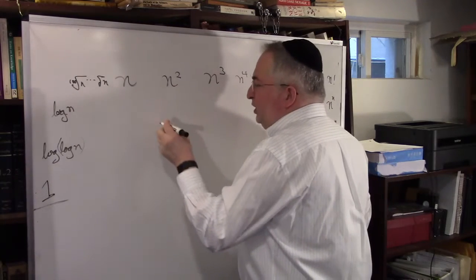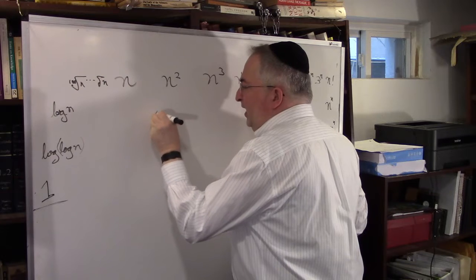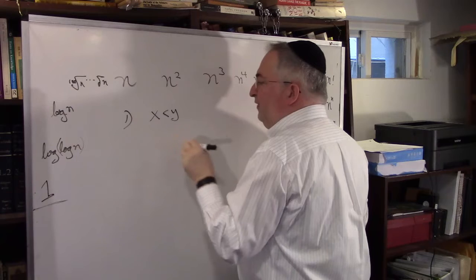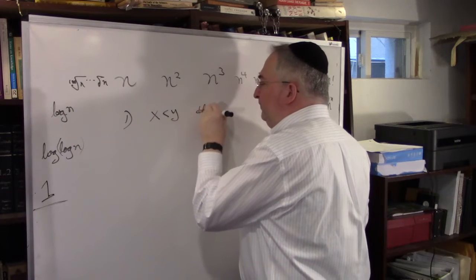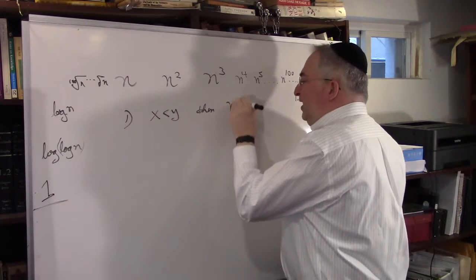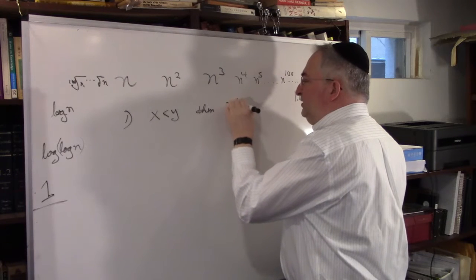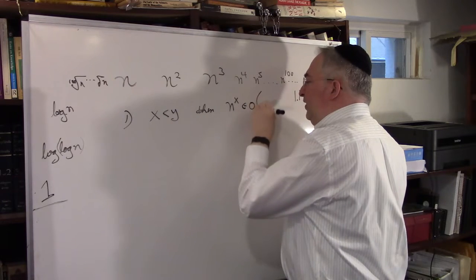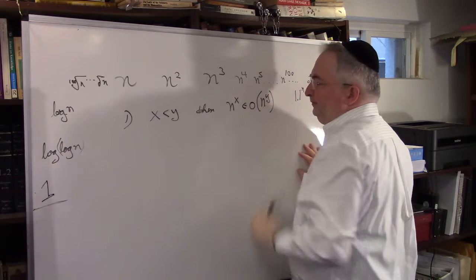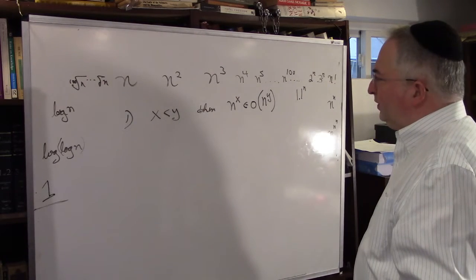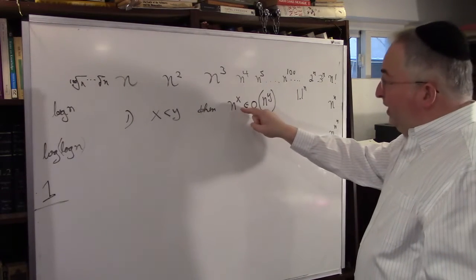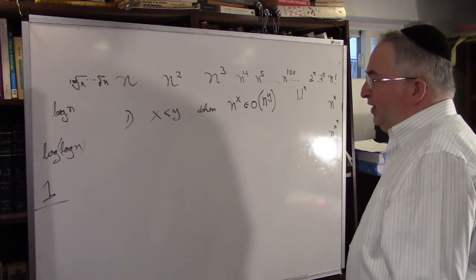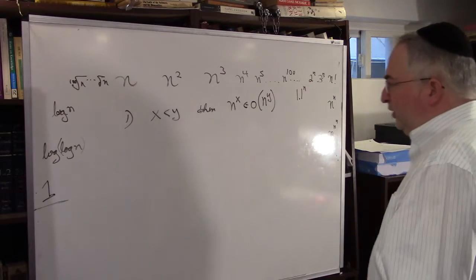So the first rule: if x is less than y, then n to the x is going to be a member of O of n to the y. If x is less than y, these are real numbers, then n to the x grows slower than n to the y. So that's one important thing.